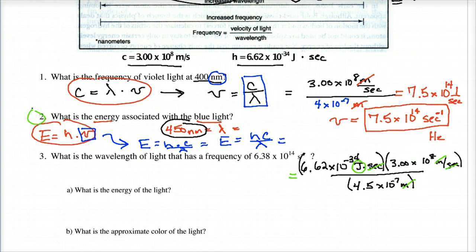I'm going to hit enter for fun. Then I'm going to divide by 4.5 second function EE to the negative 7. Oops, I forgot second function EE. Okay, and then negative 7.